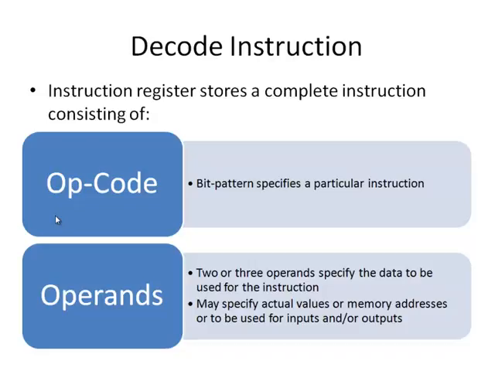But the instruction also has the operands, so we know we're going to add something, but what are we adding? So the operands tell us what the values are that are going to be added or subtracted or otherwise operated on. And instruction sets may use 2 or 3 operands to specify the data to be used for the instruction, potentially also where to store the result.